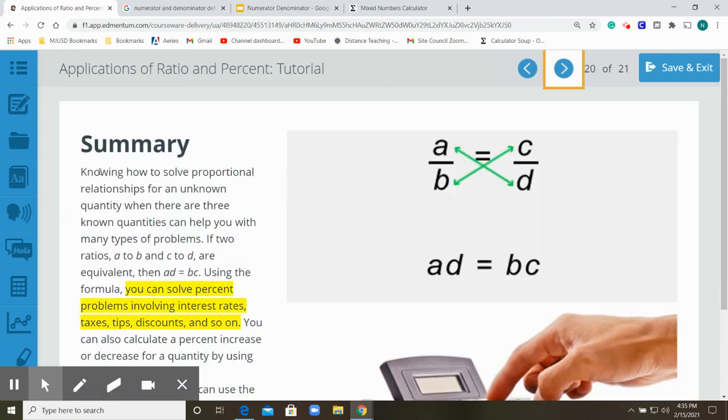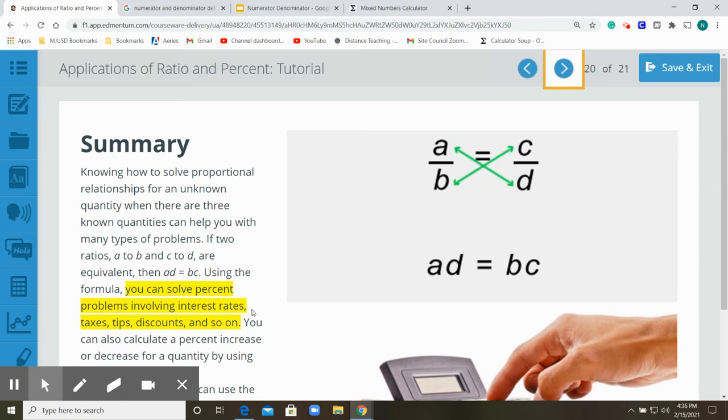Summary. Knowing how to solve proportional relationships for an unknown quantity when there are 3 known quantities can help you with many types of problems. If 2 ratios, A to B and C to D, are equivalent, then AD equals BC. Using the formula, you can solve percent problems involving interest rates, taxes, tips, discounts, and so on.